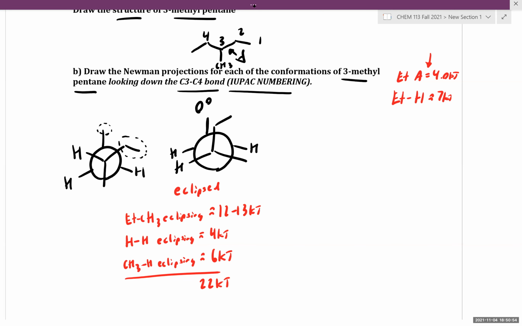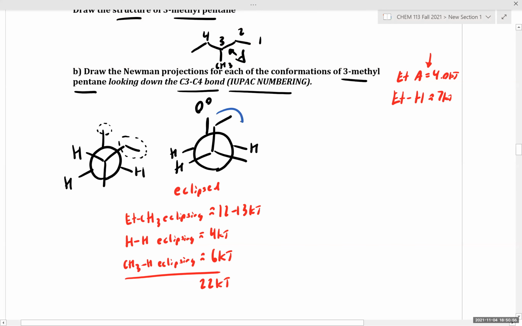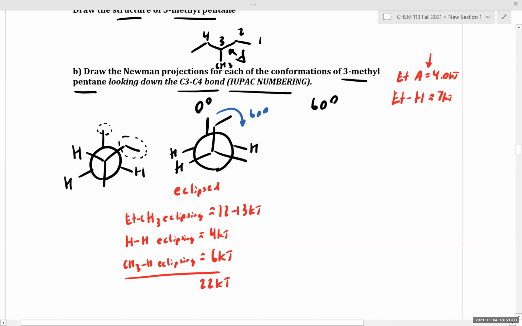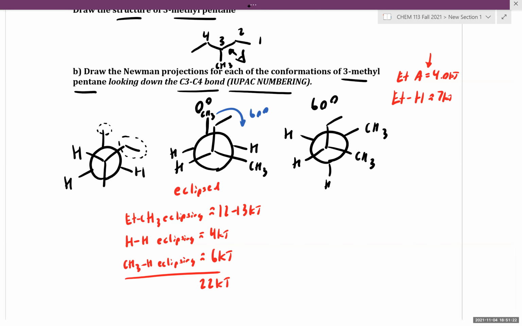Perfect. Okay, so now what we're going to do is rotate our back substituents 60 degrees, and look at the 60-degree conformation with a 60-degree dihedral angle separating our bulkiest substituents. Looking at this now, what interactions do we have?